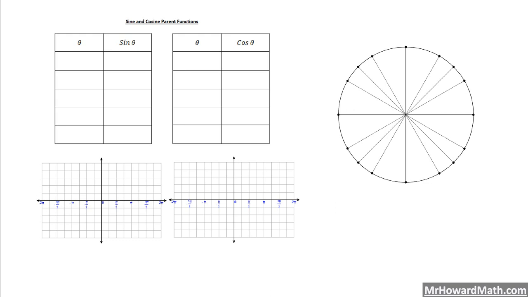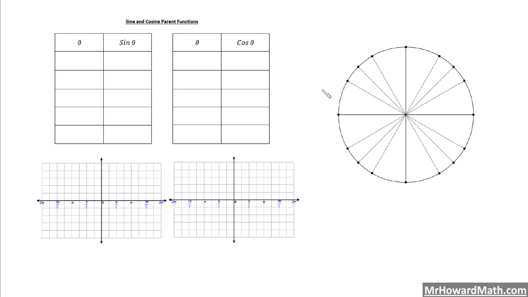So first of all, we need to understand how to make a table and how to graph and some of the properties of the sine and cosine parent function, so that we can then graph various transformations. And we'll get into more details on the transformations and the various components and how sine and cosine parent functions are specified later. For now, we're just focused on the parent function.